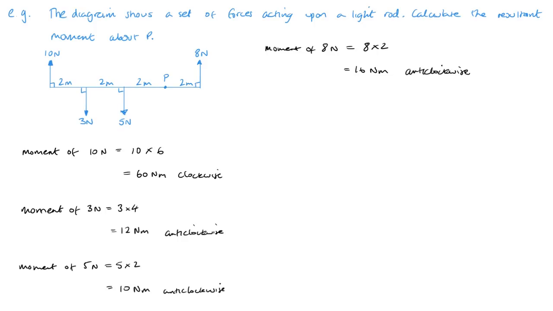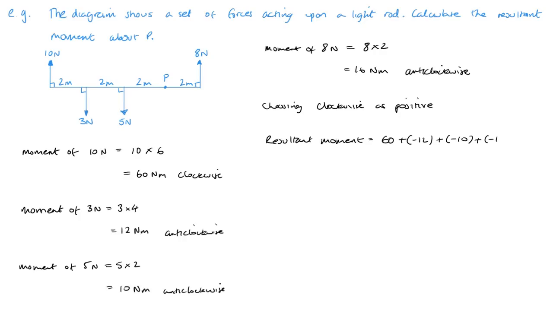So I can see that, so I will say, choosing clockwise as positive, the resultant moment is going to be 60 plus minus 12 plus minus 10 plus minus 16.